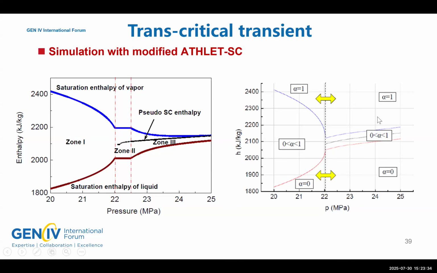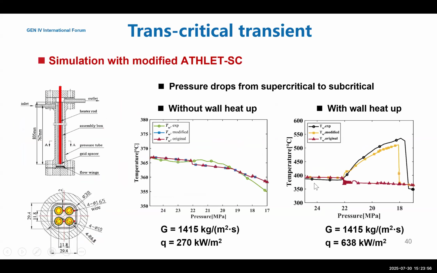And if the pressure decreases from the supercritical condition to the subcritical condition, you will see the void fraction does not jump from 0 to 1 or 1 to 0, but goes from 1 to between 1 and 0 and then to 0. So at that time, whether it is the ATHLET or RELAP code, we can perform this kind of simulation.